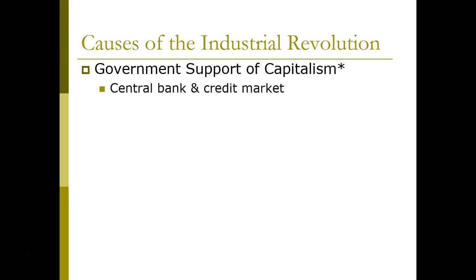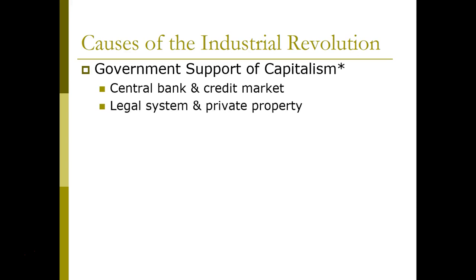For example, England and then Britain is kind of unique because they have a central banking system. In other words, they are all part of one banking system, and a big part of that system involves extending credit. And that credit is going to be needed in order to purchase the machines, the new inventions, and build the factories that are going to spark the Industrial Revolution.